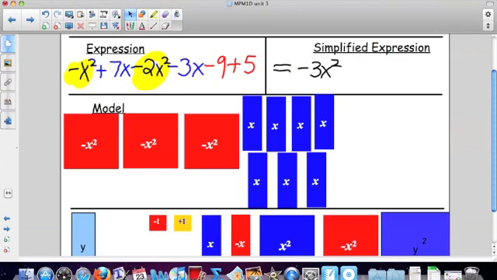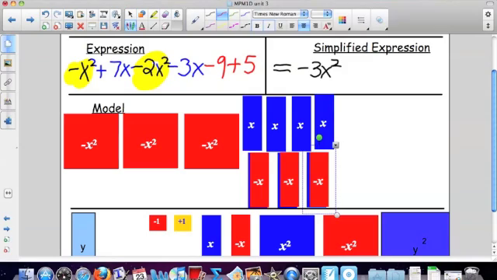And how many of these positive x tiles did you cancel out with negative x tiles? Robin? 3? Okay. Negative 3x. That's correct. So what it will be? This will be equal to x minus 7. So these 3 are canceled out.